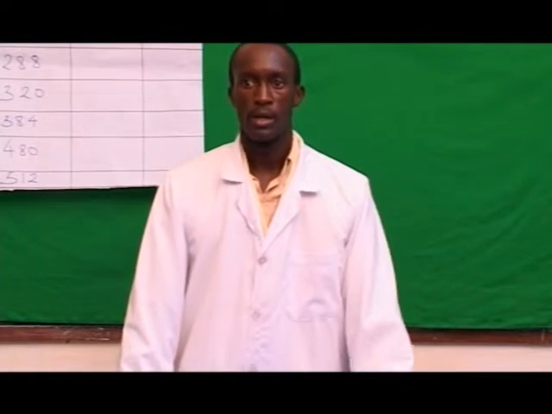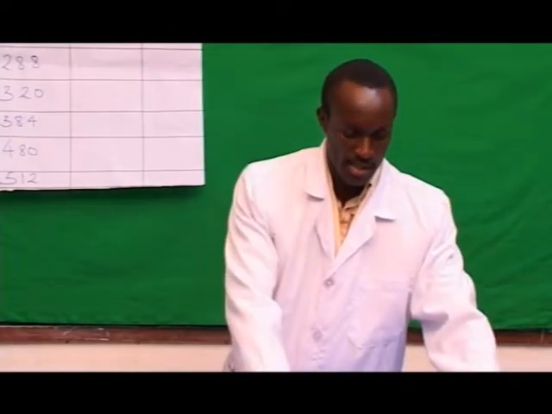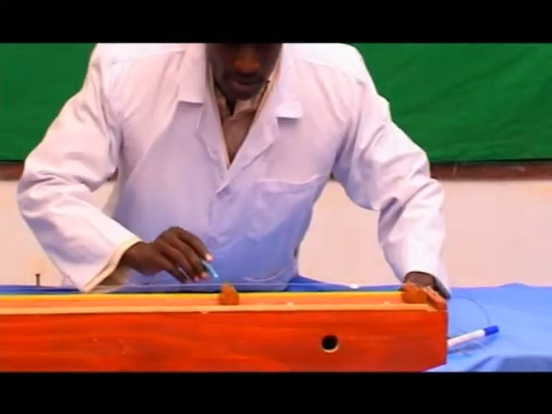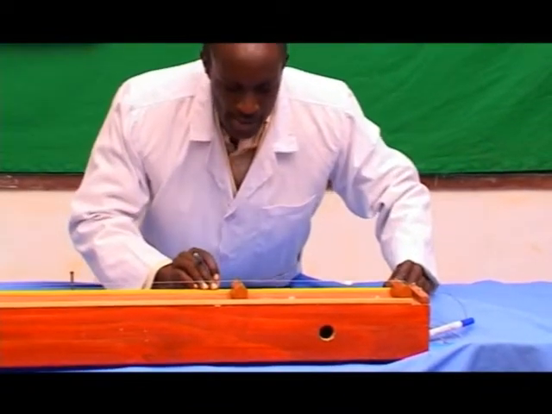From this observation, we can see that the string of the sonometer and the tuning fork are both vibrating with the same frequency. Now measure the length L between the bridges. From our observation, the length between the bridges is 31 centimeters.